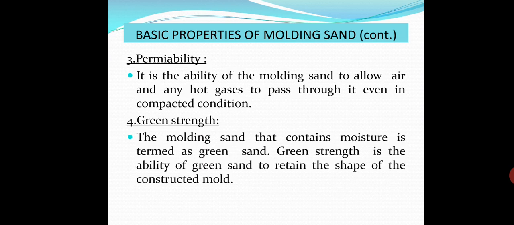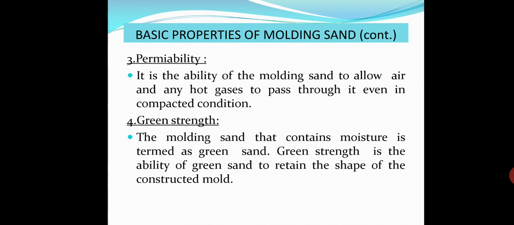During molding, as the sand has moisture, it will become steam, and that and other hot gases must pass through the sand bed. Otherwise, a smooth and perfect casting will not be obtained. That is why the molding sand must be permeable; permeability is a desired property of molding sand.